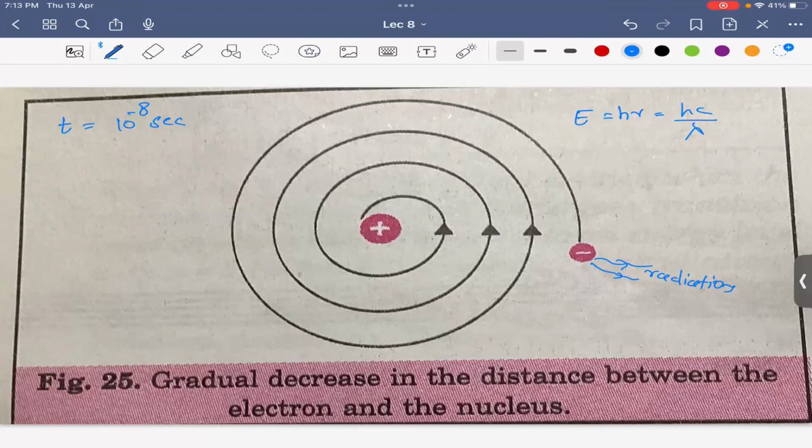So obviously we may think that if the motion of the electron in orbit leads to instability of the atom, then why not consider the electron as stationary around the nucleus? A natural thought that comes to our mind is, if this moving theory is not able to explain the behavior, we can just assume that the electron is stationary around the nucleus.